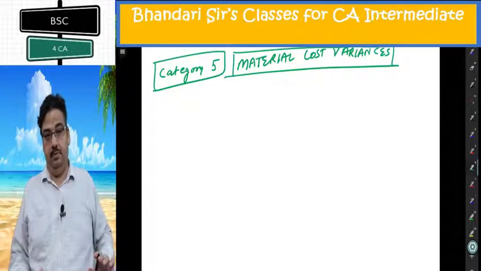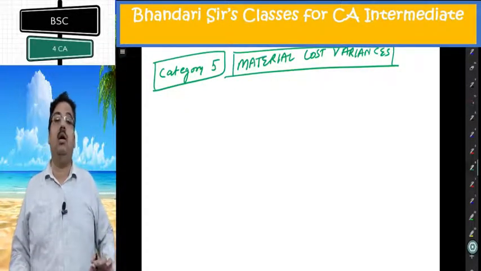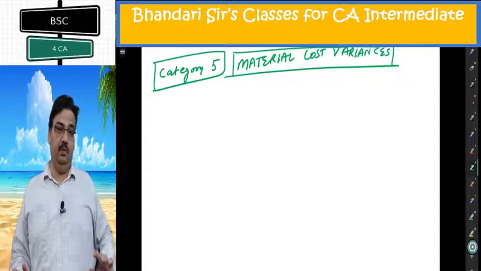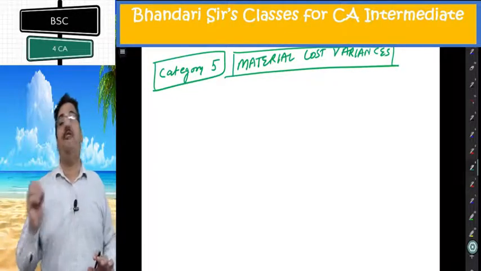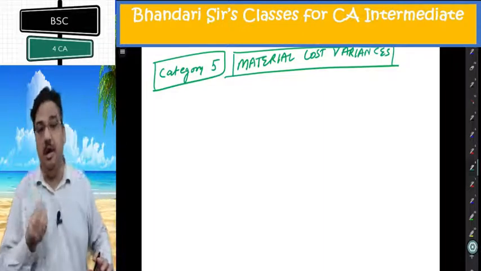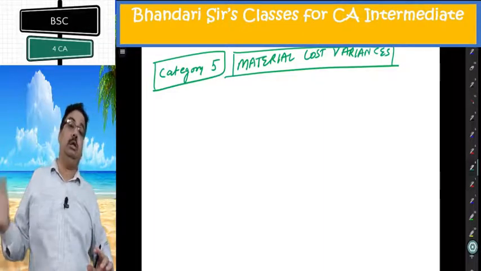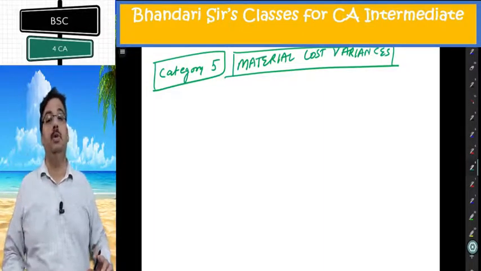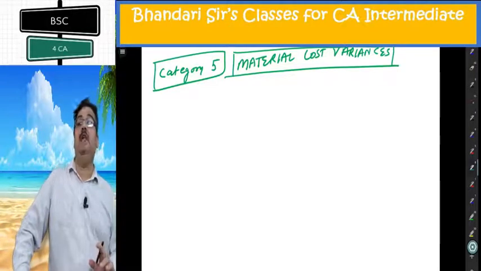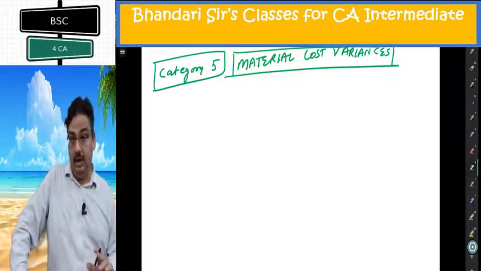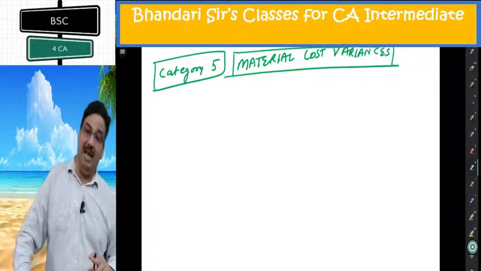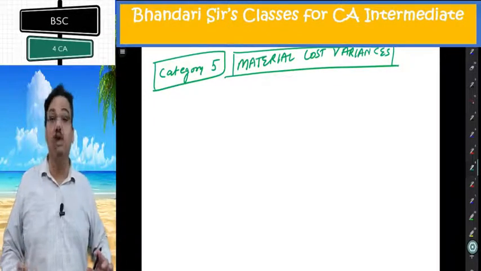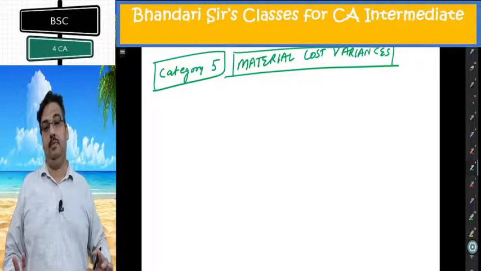Category 5, material cost variances. It is very simple. On the top, the difference between standard material cost and actual material cost is cost variance. 2 reasons: either inflation, deflation in price of material, told by price variance. Other than price, what you get is known as usage variance.